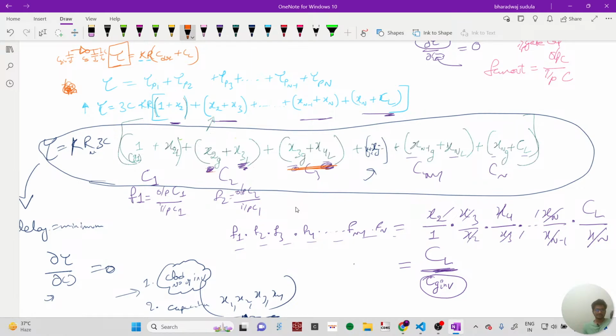So it's basically that you extracted 3C, correct? You extracted 3C. So that is okay, everything has to be multiplied by 3C.